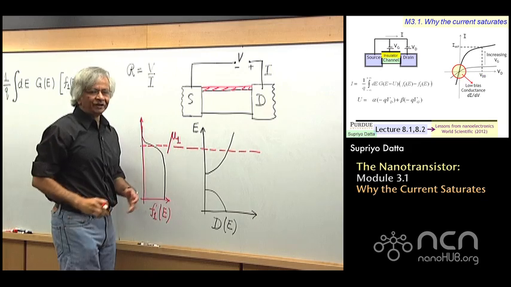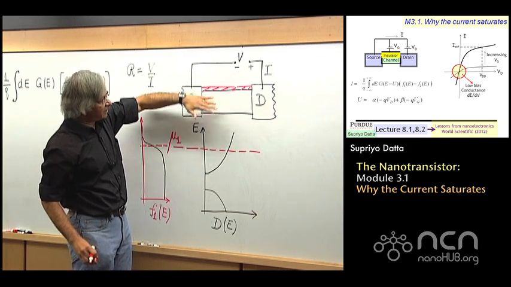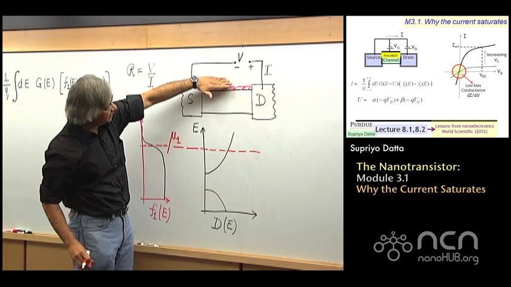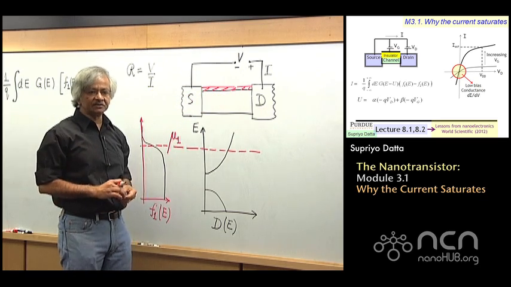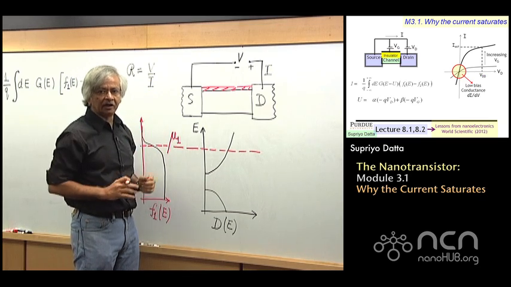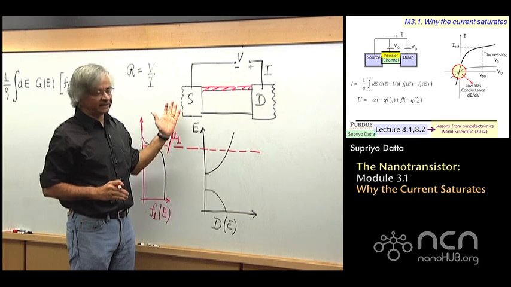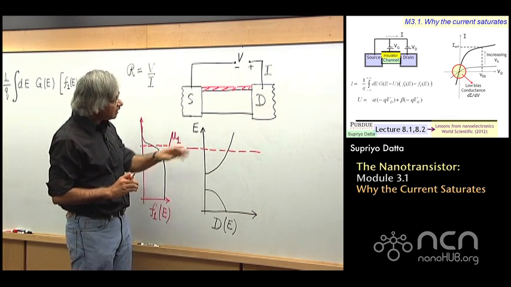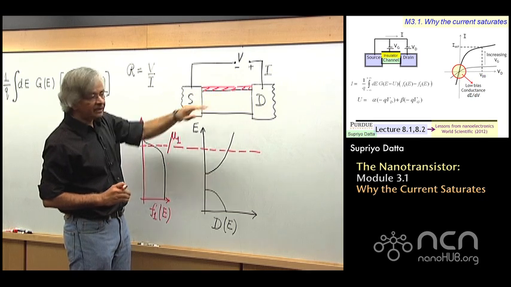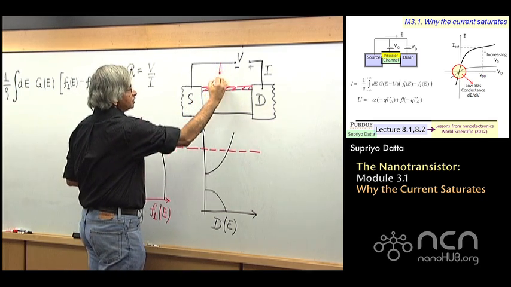And I'm kind of showing it schematically as just here. But actually, if this is the channel, then the insulator could be all across it. Or sometimes they construct it with the insulator all around the channel. So those details we are not getting into, because as I said, the whole purpose is to understand some of the basic principles here. So that's this insulator, and you apply another voltage to this insulator.